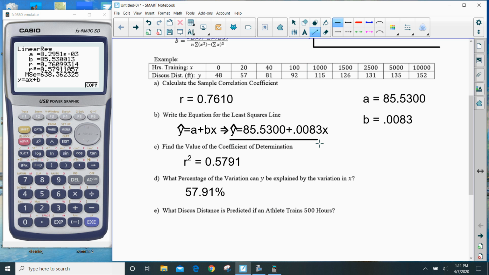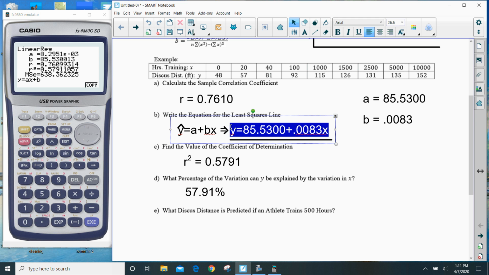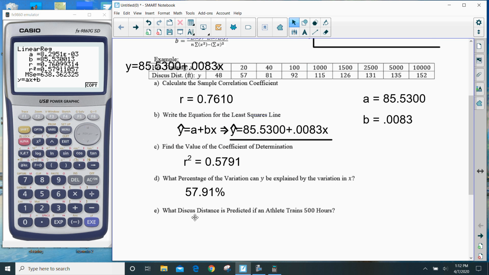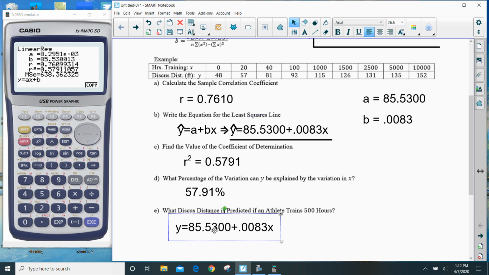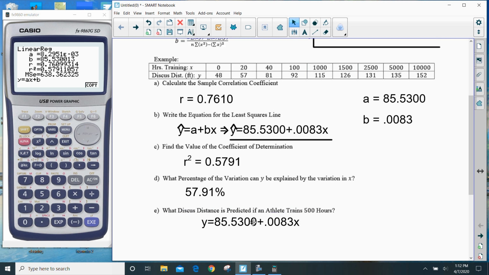So we're going to take this equation and just input the information that we have. A good thing to understand is what information they just gave us. They gave us hours trained being 500.